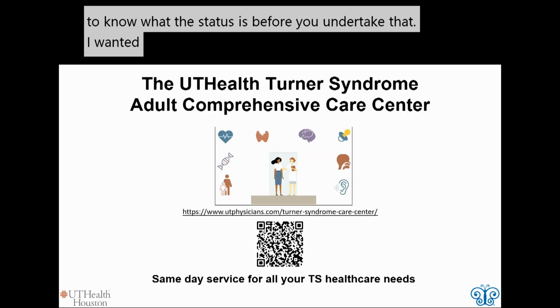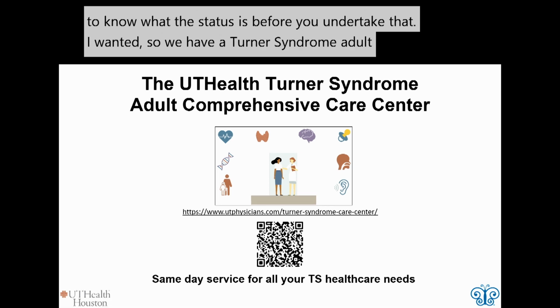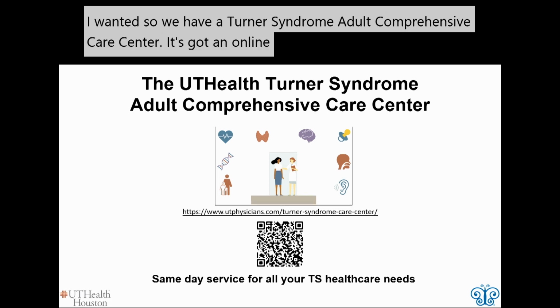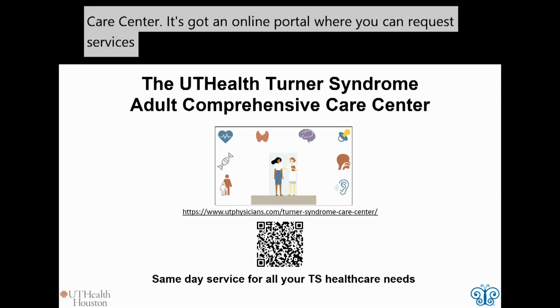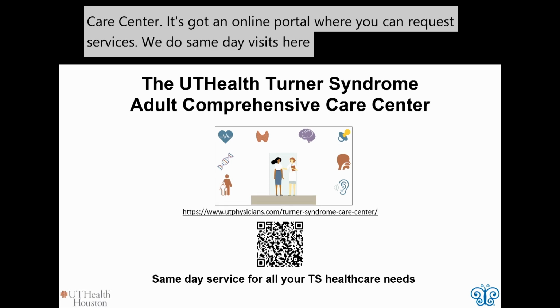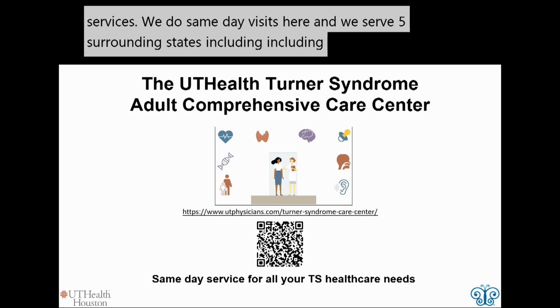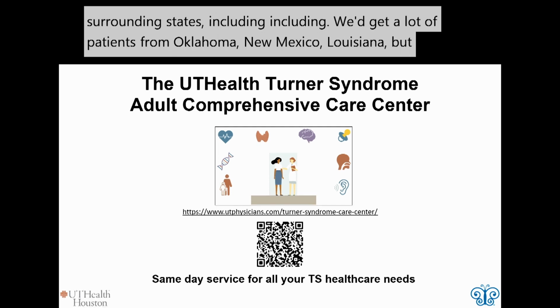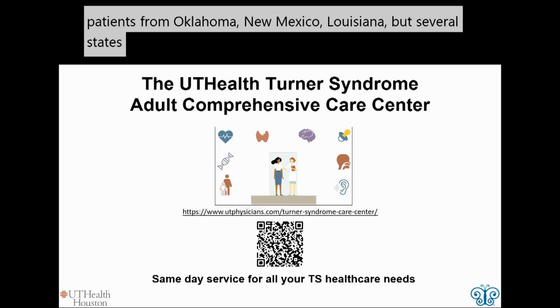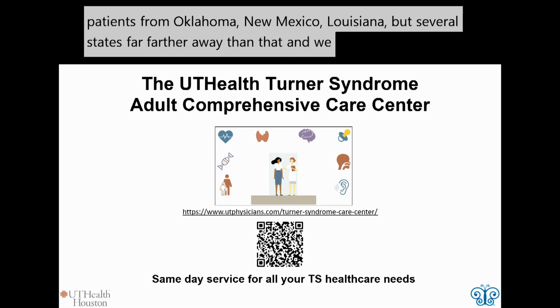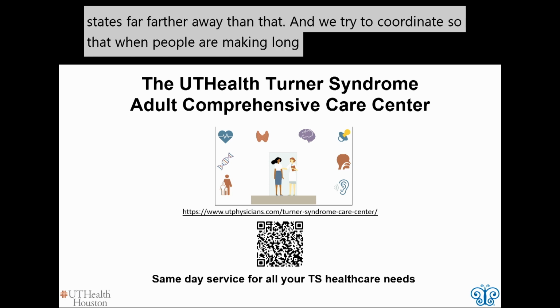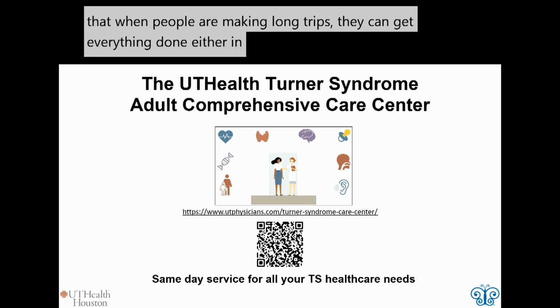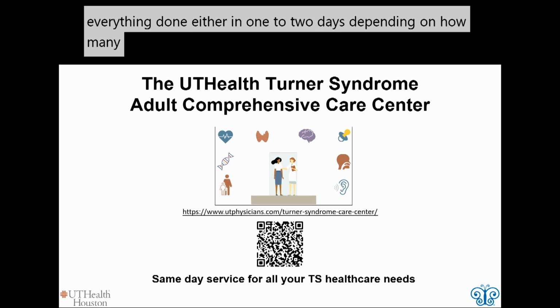So we have a Turner Syndrome Adult Comprehensive Care Center. It's got an online portal where you can request services. We do same-day visits here, and we serve 5 surrounding states. We just get a lot of patients from Oklahoma, New Mexico, Louisiana, but several states farther away than that. And we try to coordinate so that when people are making long trips, they can get everything done in 1 to 2 days, depending on how many images and visits they need.